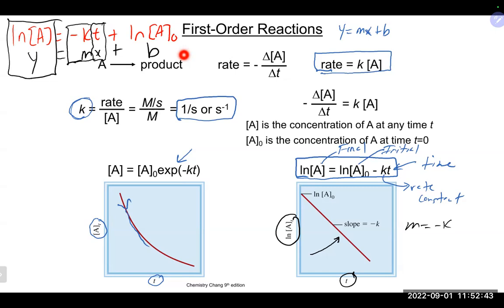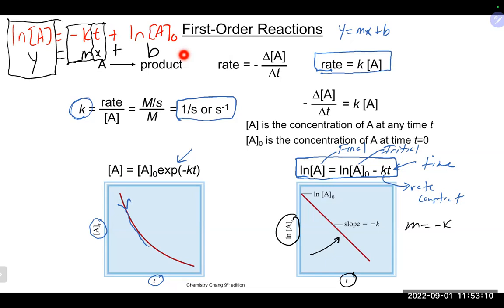The negative value for the slope times the negative that's in the negative m turns our rate constant into a positive number. So again, you should yield a positive number for your rate constant. You should end up with a negative slope if you did it in Excel and got the line, and that negative times the negative there will turn your rate constant into a positive number, which it should usually be. Any questions on that there?